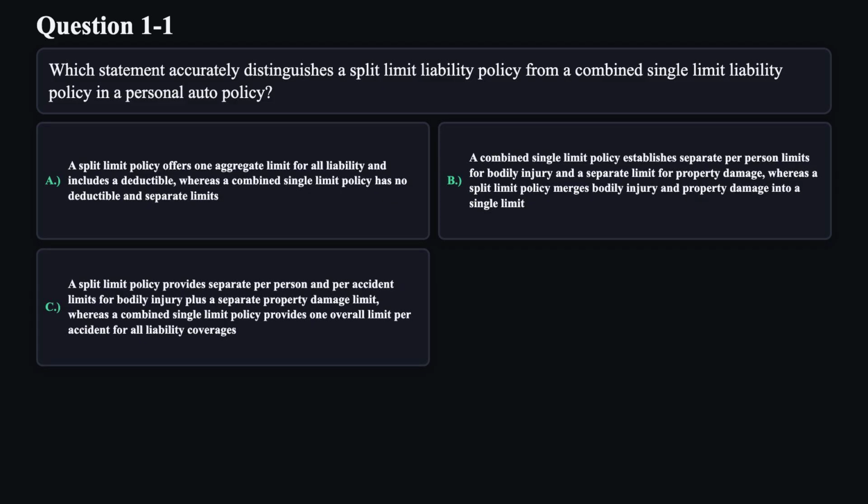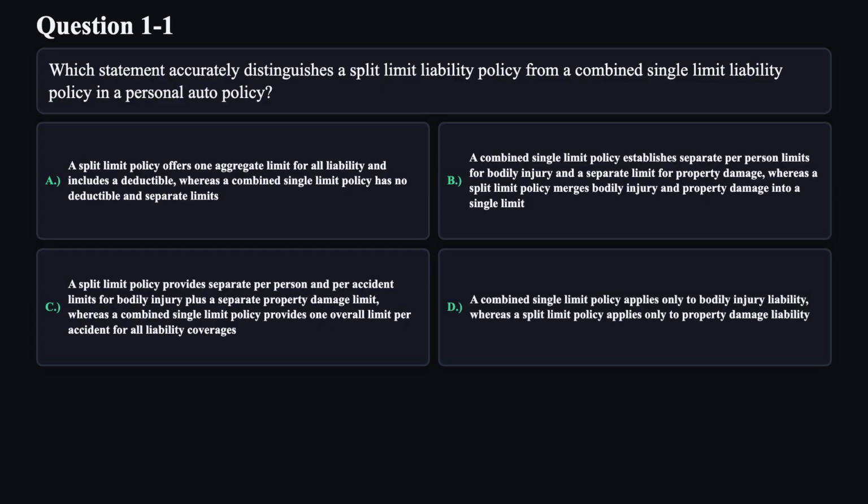C, a split limit policy provides separate per person and per accident limits for bodily injury, plus a separate property damage limit, whereas a combined single limit policy provides one overall limit per accident for all liability coverages. D, a combined single limit policy applies only to bodily injury liability, whereas a split limit policy applies only to property damage liability.